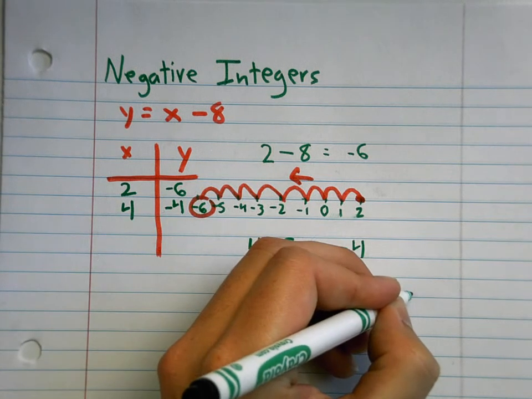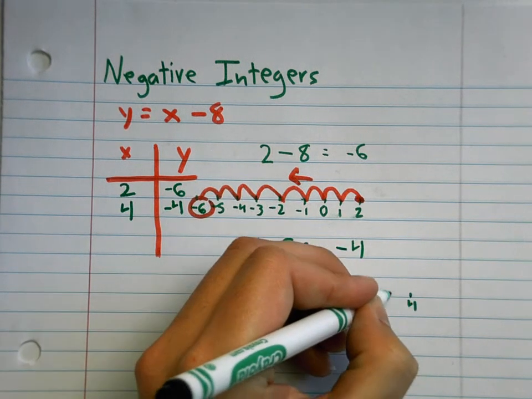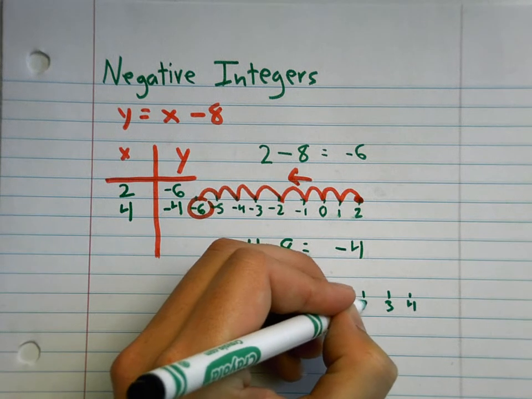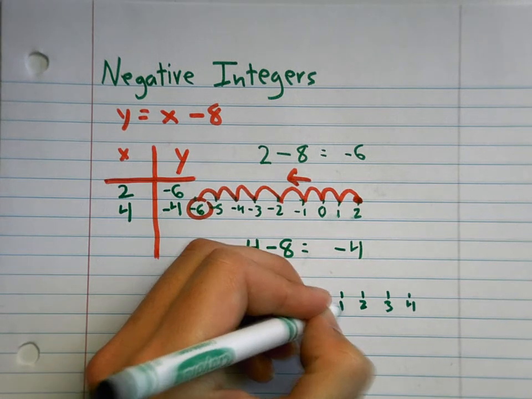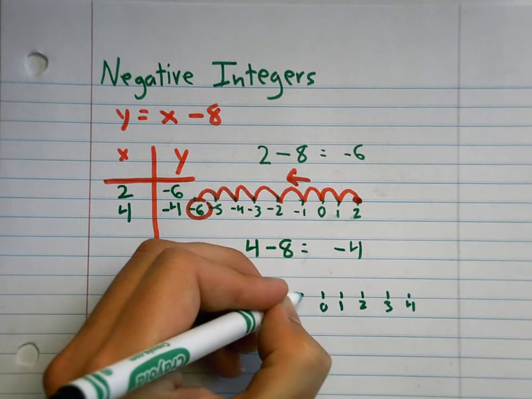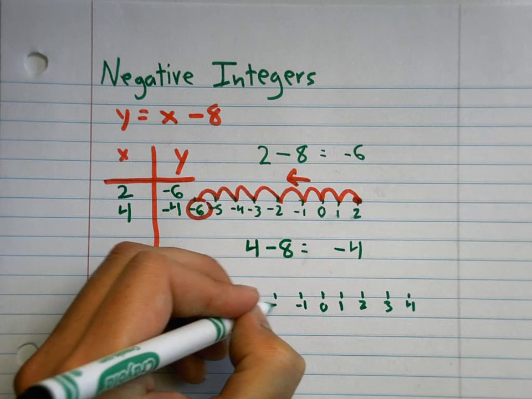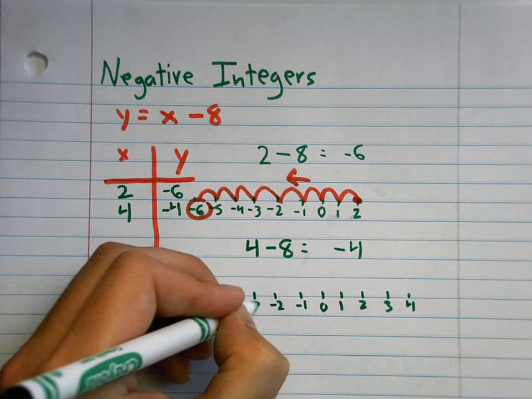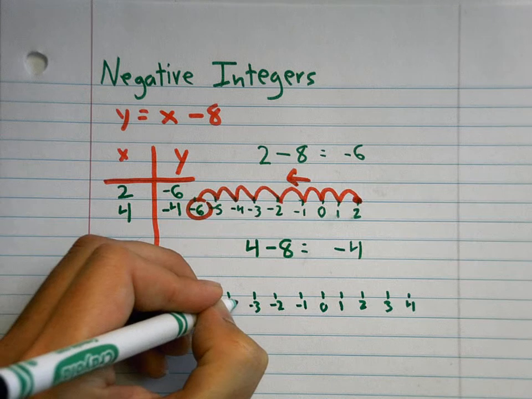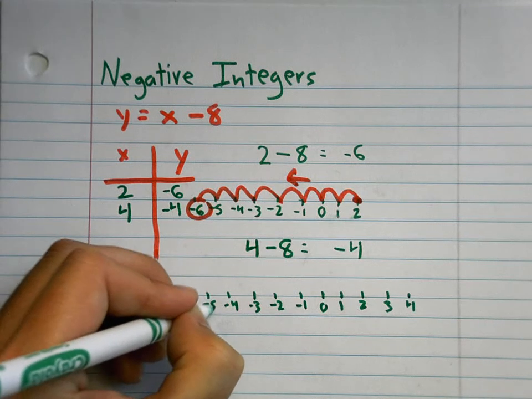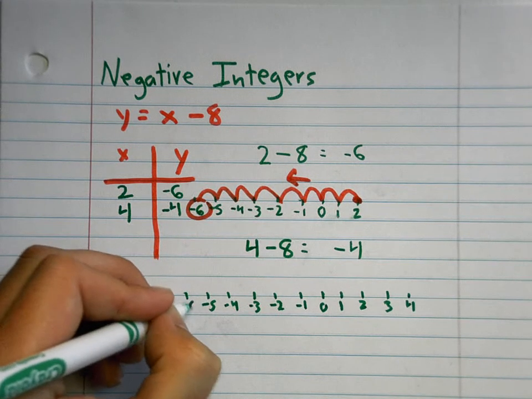Okay? I have 4, 3, 2, 1, 0, -1, -2, -3, -4, -5, -6.